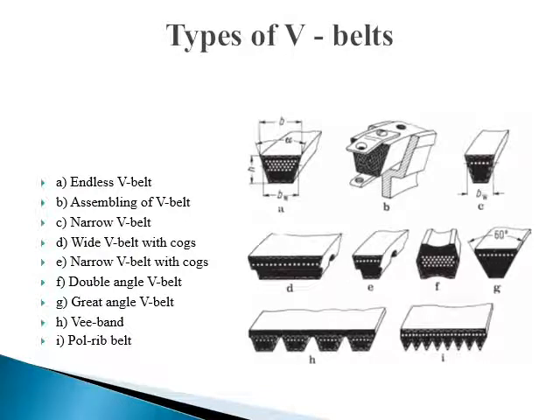So coming to the types of V belts, we have almost 7, 8, 9 types of belts. We have endless V belt, assembling V belt, narrow V belt, wide V belt, narrow V belt with cogs, double angle V belt, great angle V belt, V band, pro lip belt.